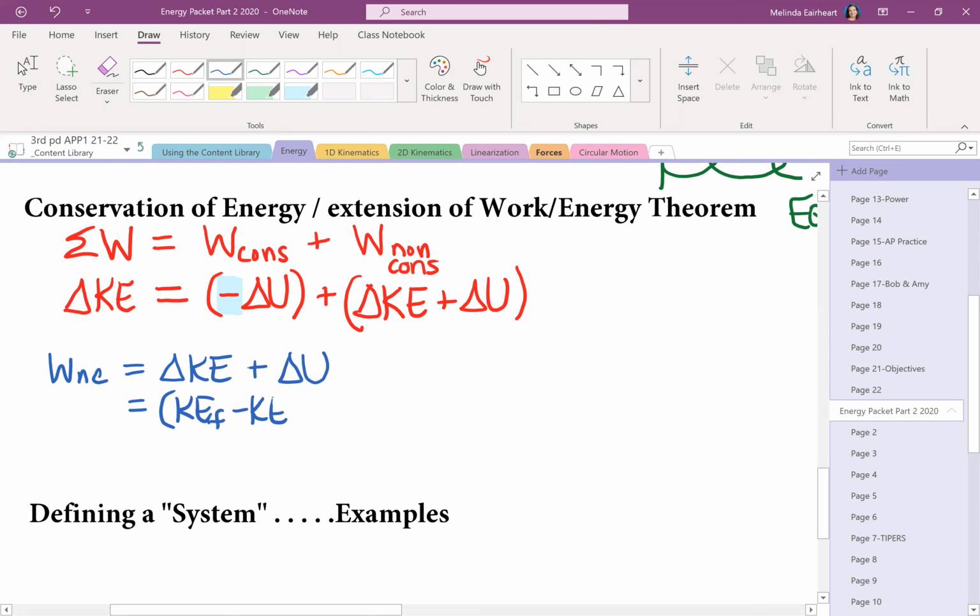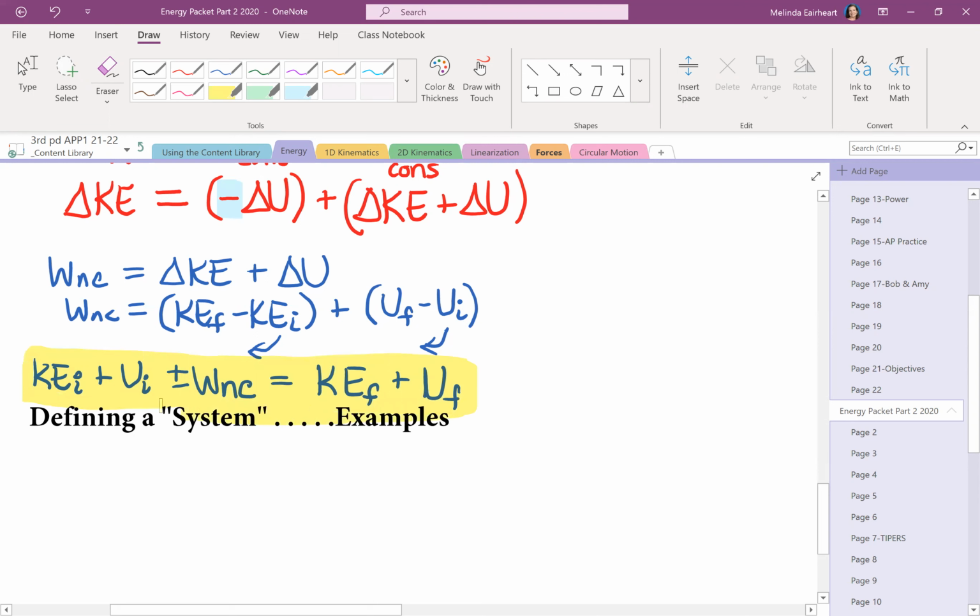Good on that? And so this is typically how you write it when you take a conservation approach, but it's the same thing as doing a work approach. Work energy theorem, it's still the same thing. Conservation just kind of looks a little different. Same math though. Energy can be converted from one form to another. If I drop an object from a maximum height, it starts out with potential. And when I drop it, it gets lower, lower, lower.